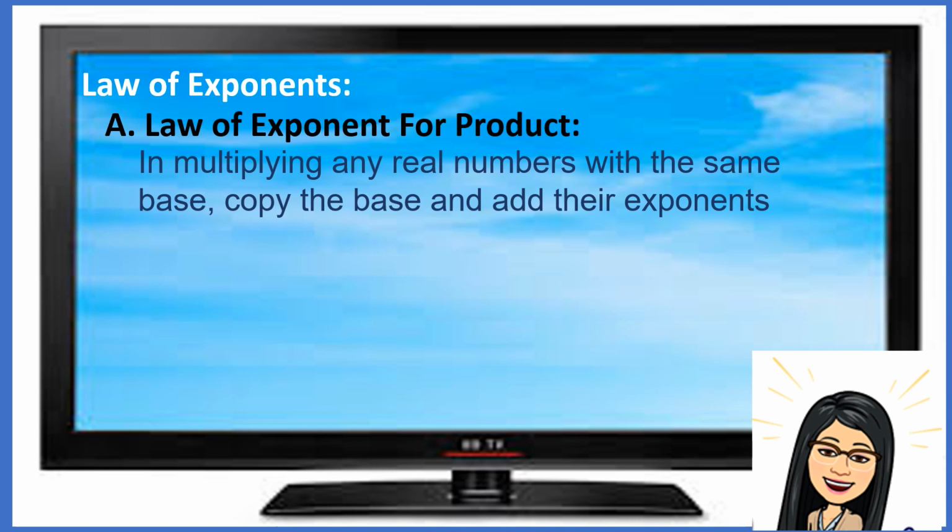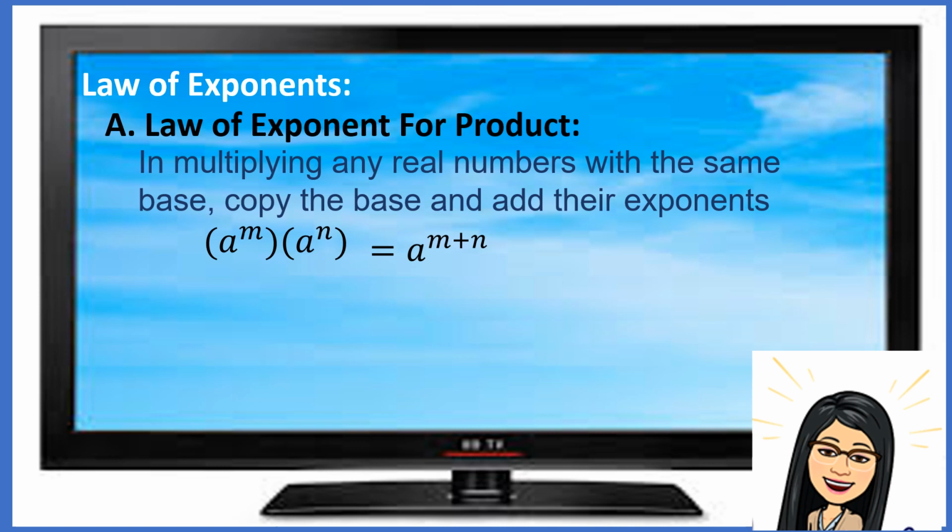Let us put this into symbols. If a raised to m is multiplied to a raised to n, since a is the common base, we have to copy this and add exponents m and n. So we will get a raised to m plus n.